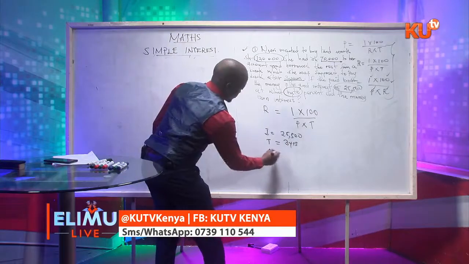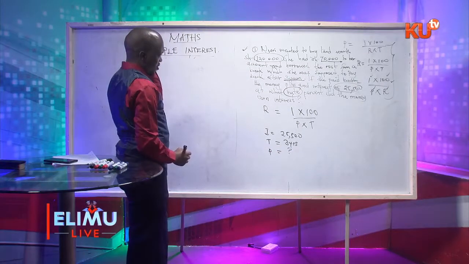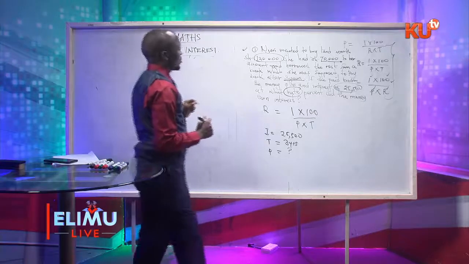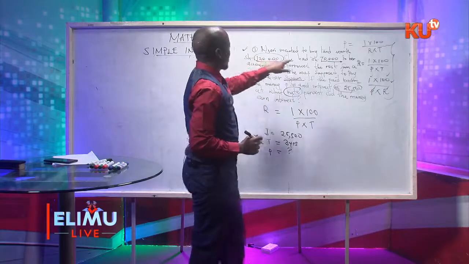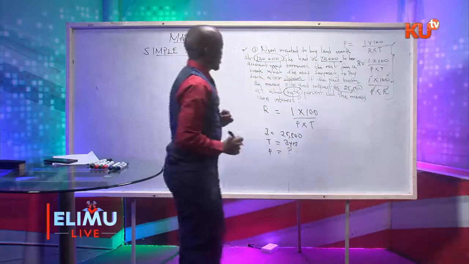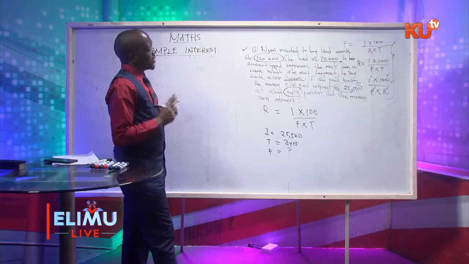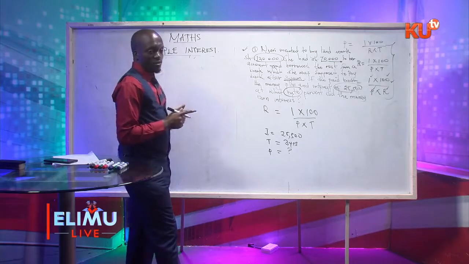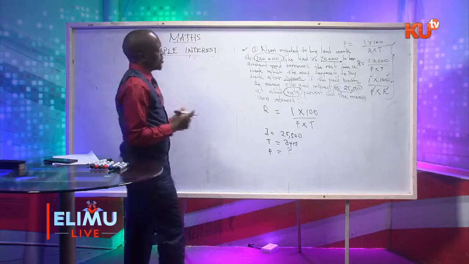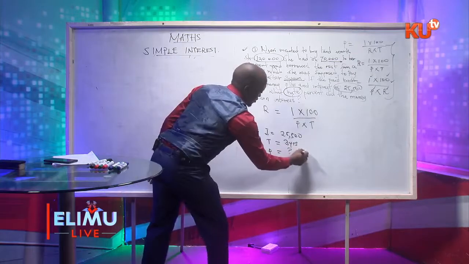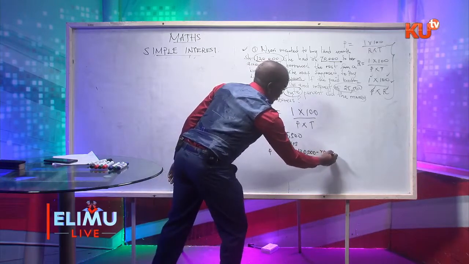Principal, we don't know the actual principal here. And we have to find the principal here because the confusion here would be somebody may take 120,000 as the principal, another person may take 70,000 as the principal. But that is not the actual principal because we said that principal is the same as money borrowed or money deposited. So the actual money that Njeri borrowed here was 120,000 minus 70,000.